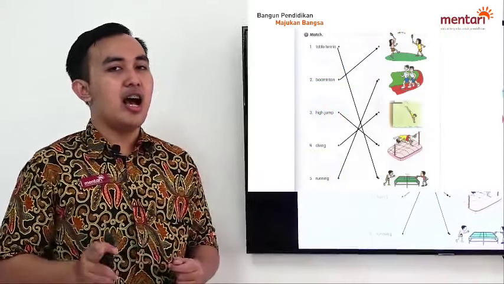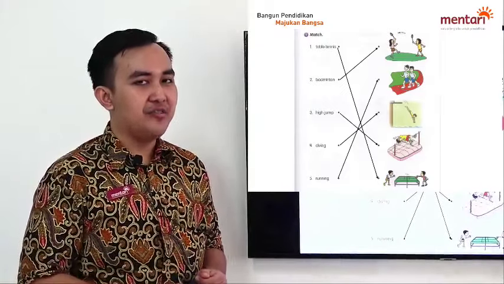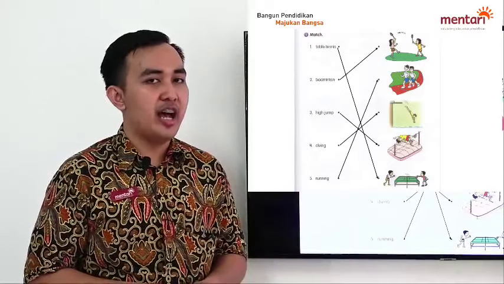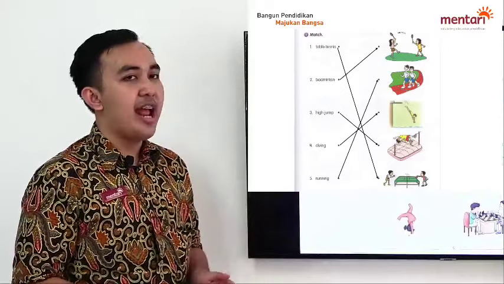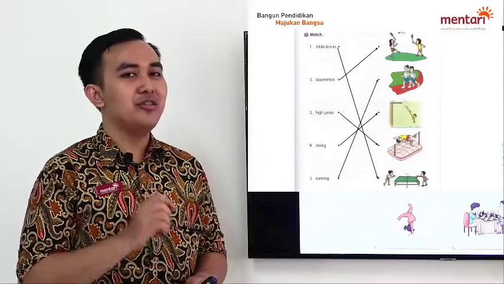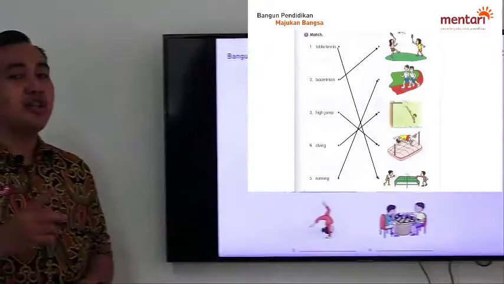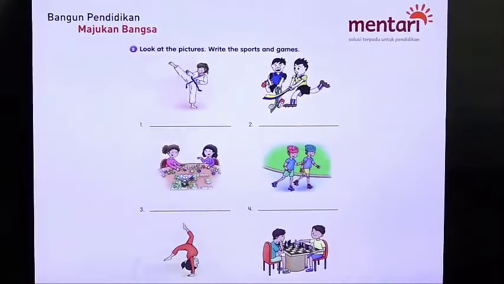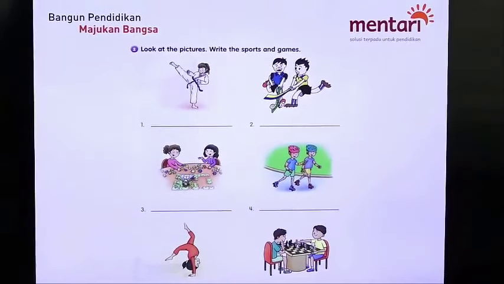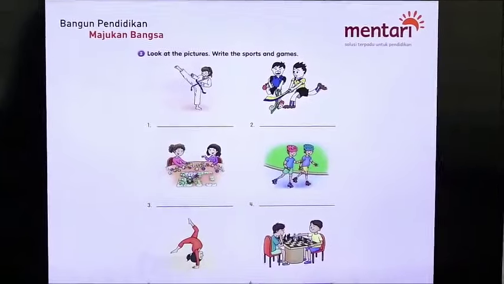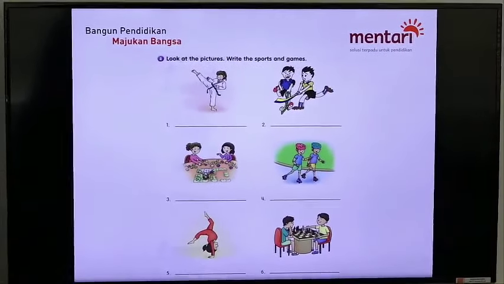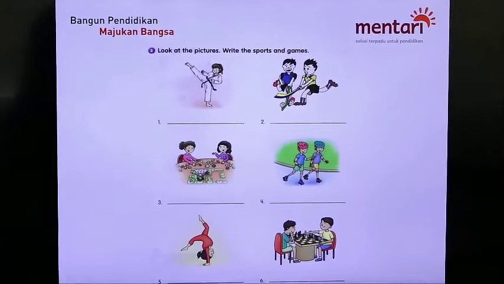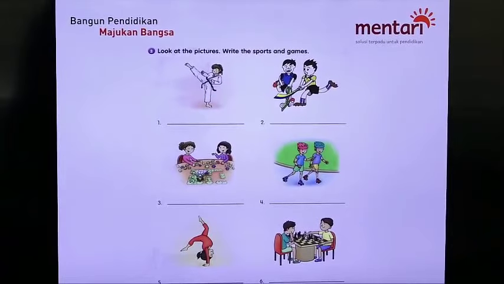Alright, I will give you another activity. In this one, you just draw a straight line, and in the next exercise, I want you to write down the correct vocabulary for each picture. I will give you time to do it. You don't have to worry about it. I will give you the same time, 2 minutes, to finish these questions, okay? And your 2 minutes start from now.